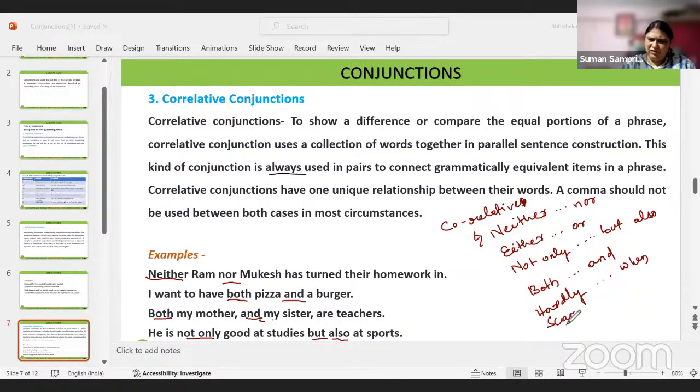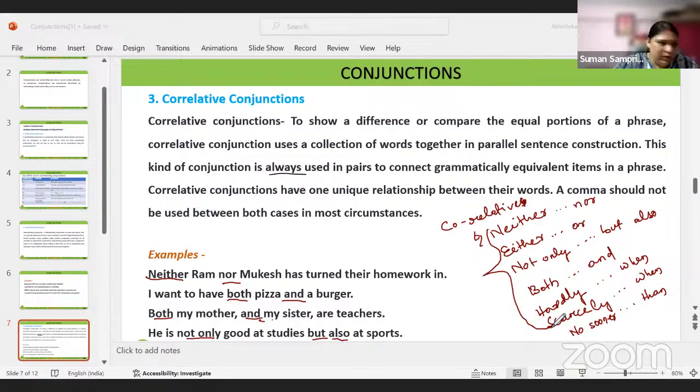There is also a thing called scarcely when, and no sooner than. These are all examples of correlative conjunctions. They always go hand in hand. Okay. They cannot occur without what? Yes, a very nice joke that correlative conjunctions are like fish and chips.